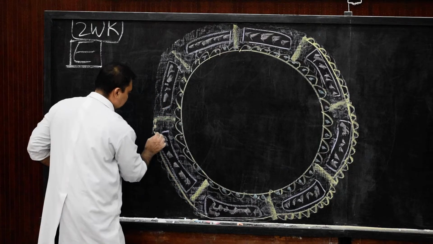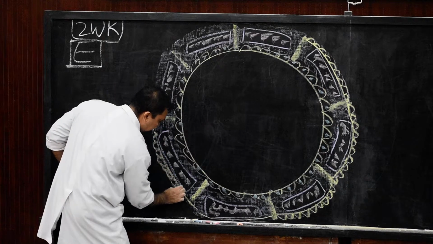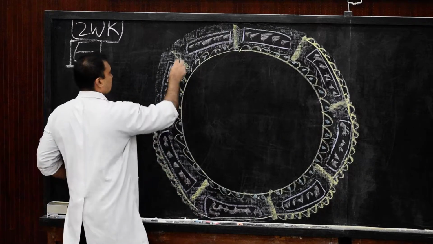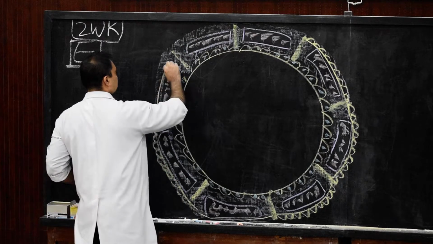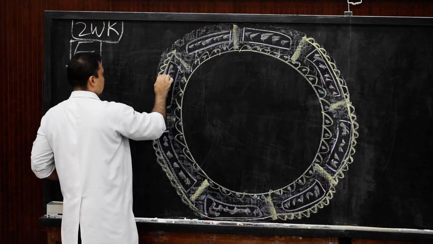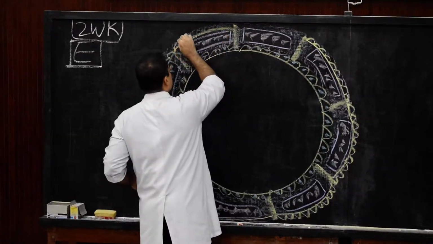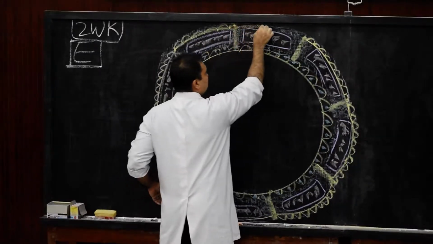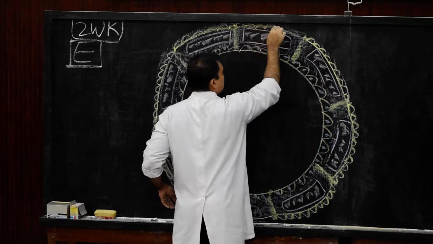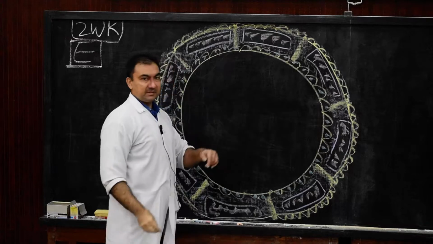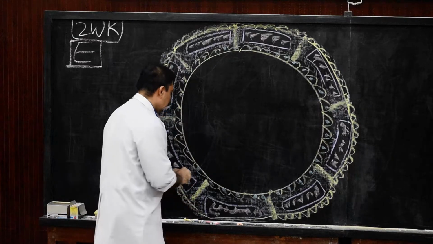Yesterday we had discussed the cytotrophoblastic shell, how it developed. And here we complete the entire cytotrophoblastic shell with the help of several nuclei.